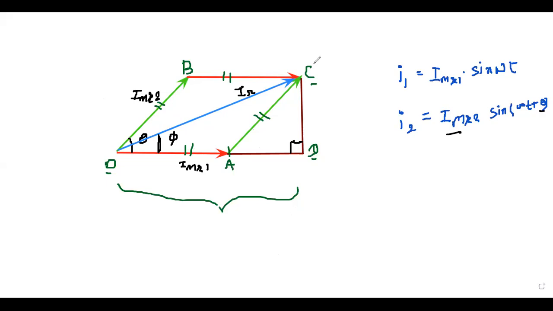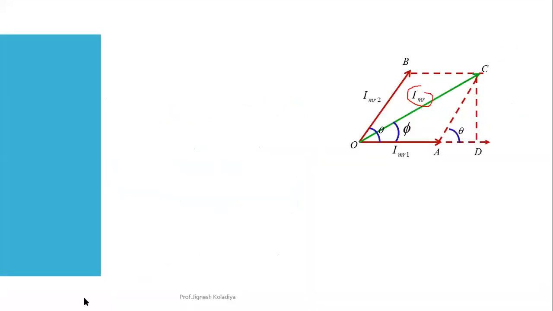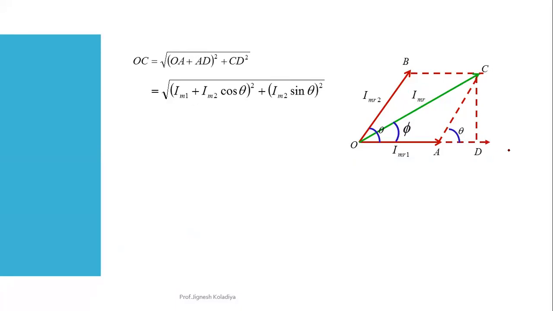So let us share this slide again. Now what we have to do, consider the outer triangle OCD and apply the Pythagoras in that. OCD, this triangle. And if you apply the Pythagoras, then what happens?